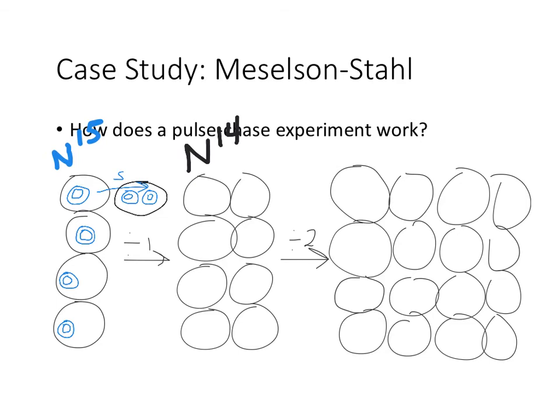So that's the same single cell, and then it divides. So what's going to happen for each one of those genomes?